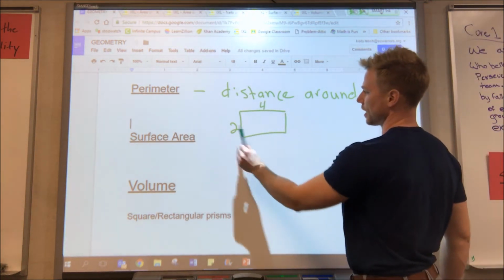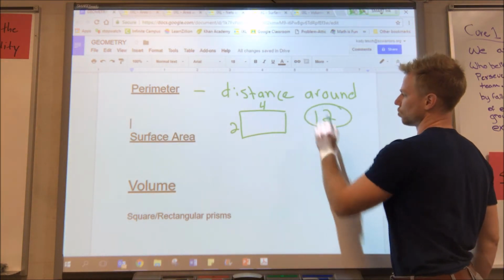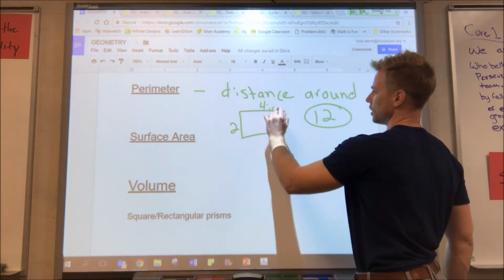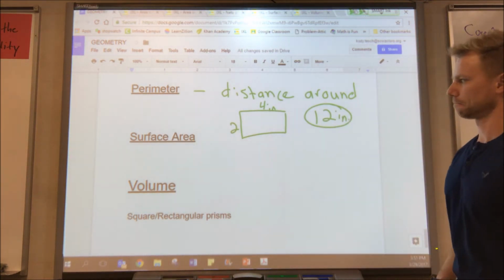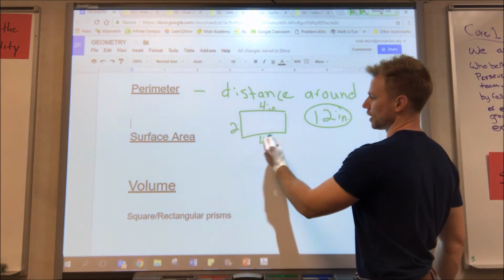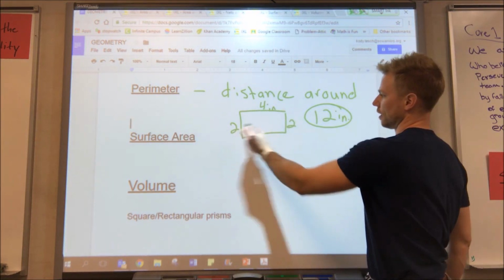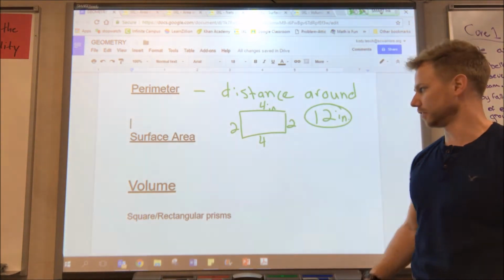So 4 and 4 makes 8, plus 2 is 10, plus 2 more is 12. So 12 would be the perimeter. If this was inches, we would make sure we had our label of inches on there. Remember, opposite sides in rectangles are the same. So this bottom side would be 4. The right side would be 2, and that's how I got 12 when I added those all together.